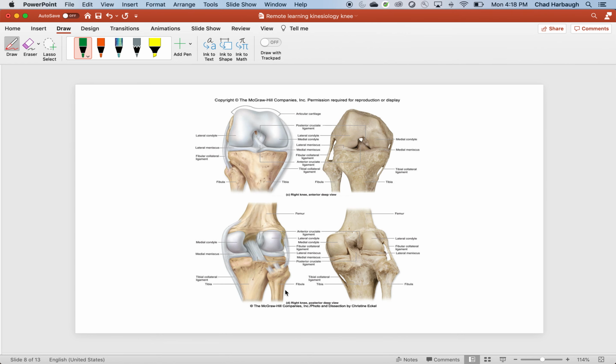And you can see in this case that the MCL, or the tibial collateral ligament, the blow was hard enough to not only rupture the ACL, with the femur sliding over the top of the meniscus and causing microtrauma, but it also in this case has ruptured the medial collateral or tibial collateral ligament. Most knee injuries that involve any external forces or high amounts of force are usually going to cause more than one injury to a structure of the knee joint.